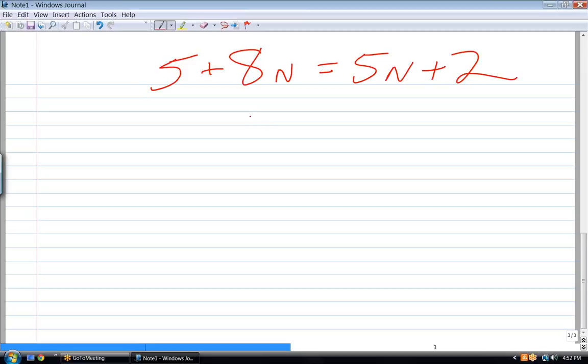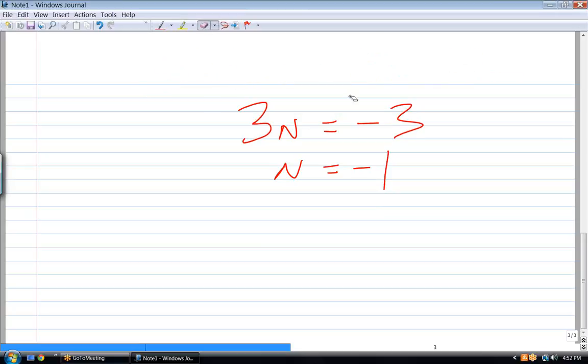First you subtract 5 from both sides and subtract 5n from both sides. Okay. Then you get 3n equals negative 3. Good. And so then you get n equals negative 1. Okay. Worked well enough there.